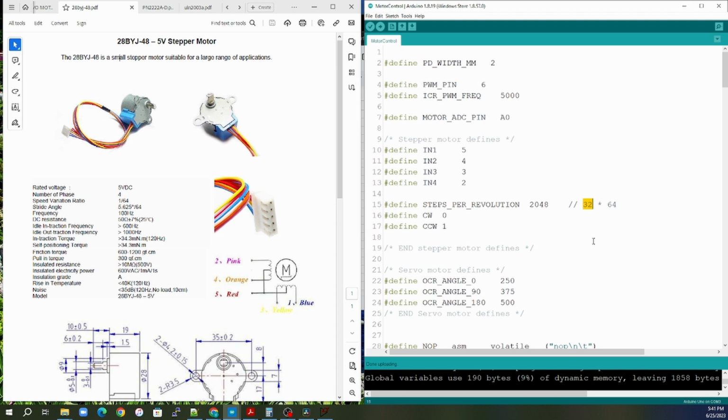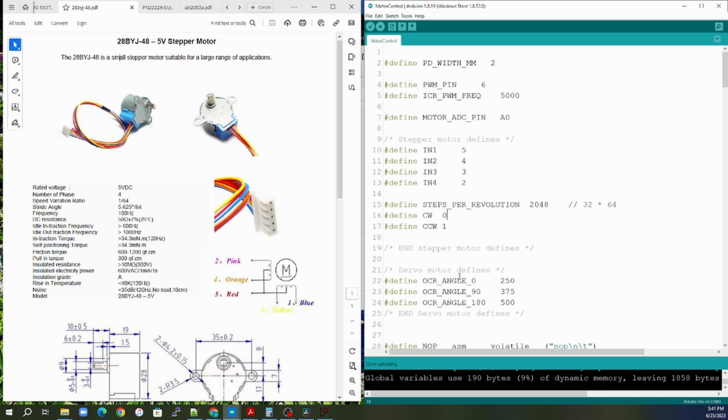Basically 32 revolutions per tick, and there's 64 ticks per complete revolution. That gives us a total of 2048 steps in order to achieve one full 360-degree rotation. And the frequency that we can run this at is 100 hertz. I'm going to be running a little bit faster than that.